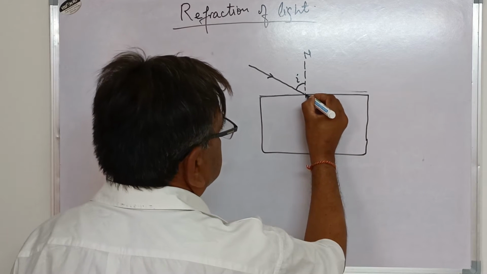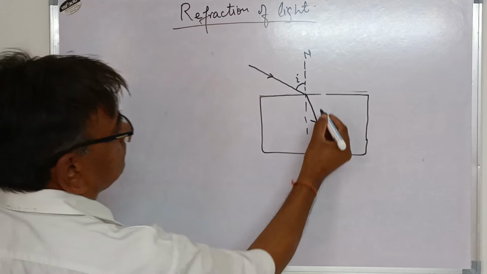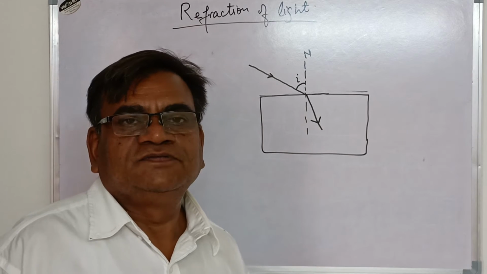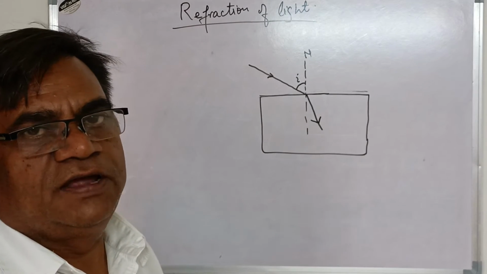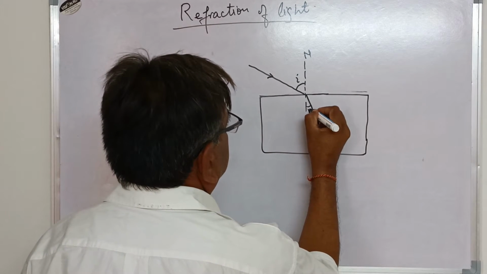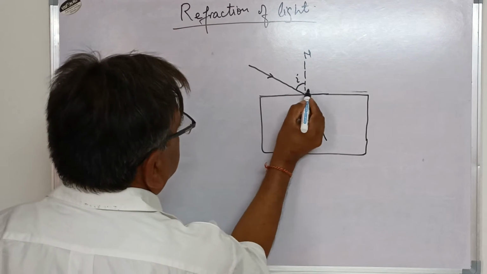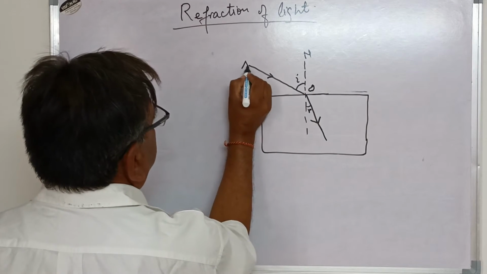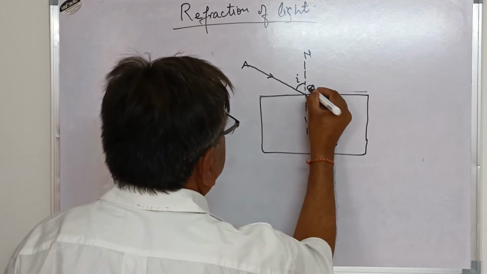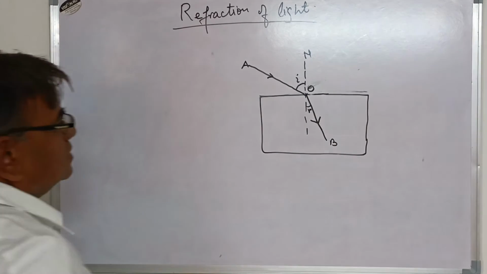The ray bends towards the normal when it enters the glass block. This phenomenon of bending is called refraction of light. Let this be the angle R. So this is the refracted ray. Let the point be O. AO is the incident ray, and OB is the refracted ray.